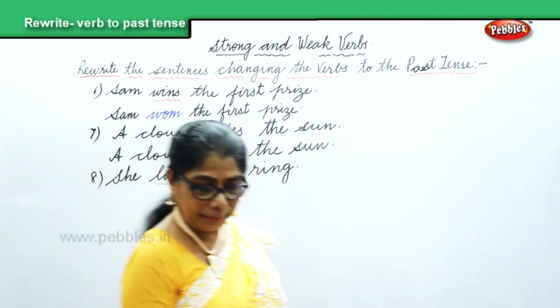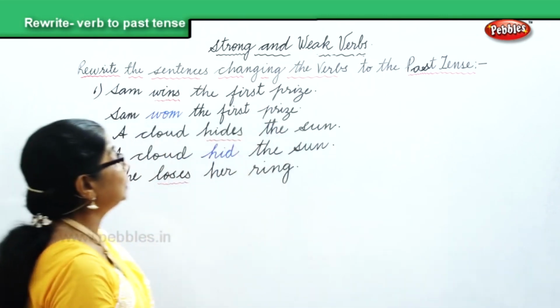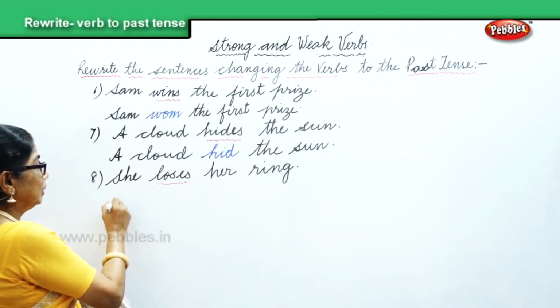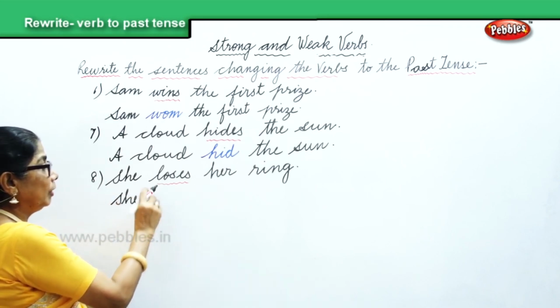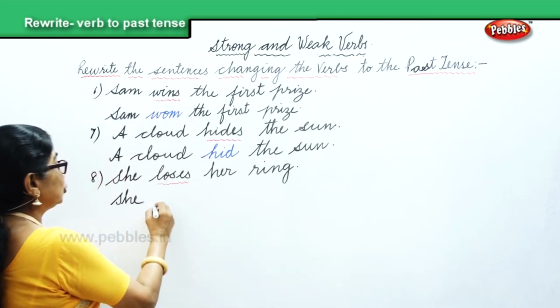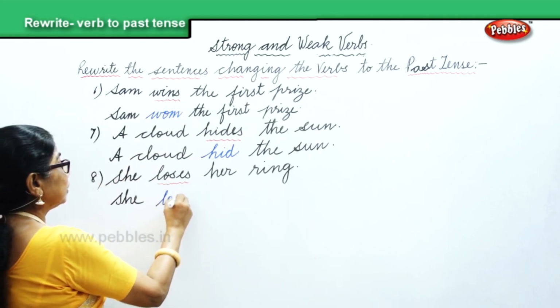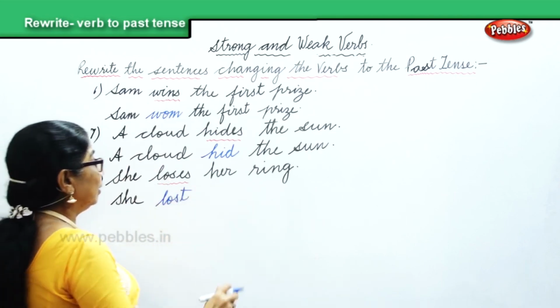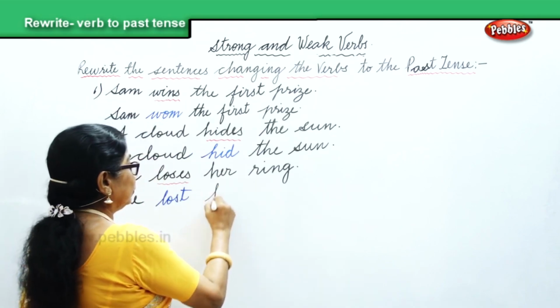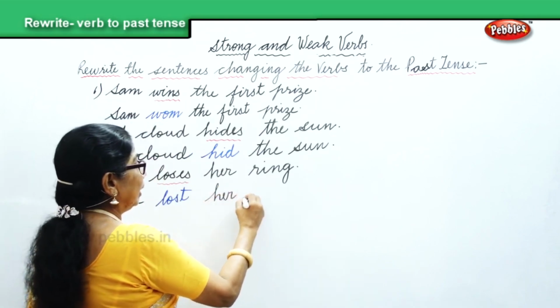She loses her ring. When you change it to the past, lose becomes lost. So the answer is, she lost her ring. Lose, lost. She lost her ring.